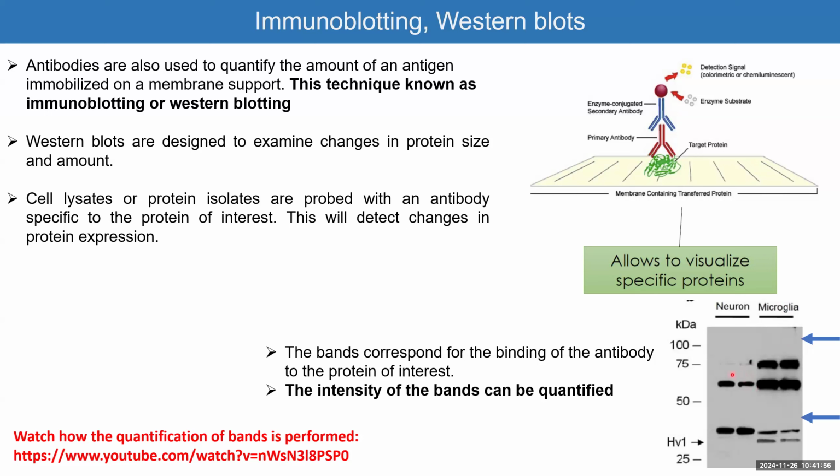And if you look at this protein here, you can tell that this protein is lower expression than that protein in the microglia. So you can directly correlate saying this protein here is minimally expressed in neuron, but highly expressed in microglia. So probably it's specific to microglia and not to neurons.